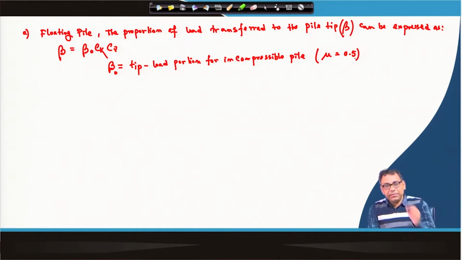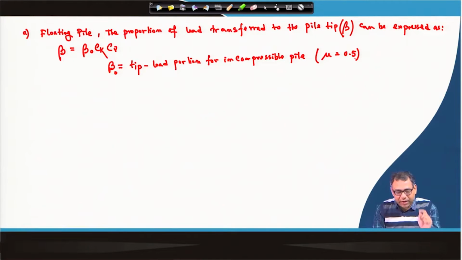That means if the pile is incompressible and the soil Poisson ratio is 0.5, then we can use beta equal to beta_0. But if the pile is not incompressible and mu is not 0.5, then you have to apply two correction factors. Those two correction factors are C_k and C_nu.